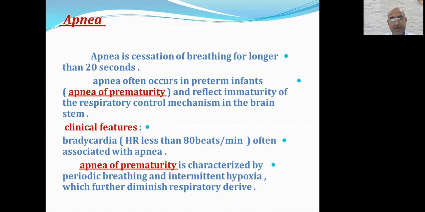Apnea, what we mean by apnea, is a cessation of breathing for longer than 20 seconds. Of course, apnea affects premature more than mature. That we call apnea of prematurity. Of course, it reflects immaturity of the respiratory control mechanism in the brain stem.